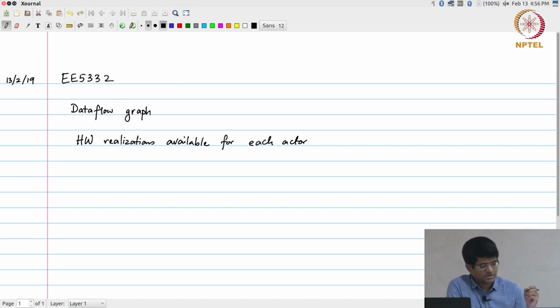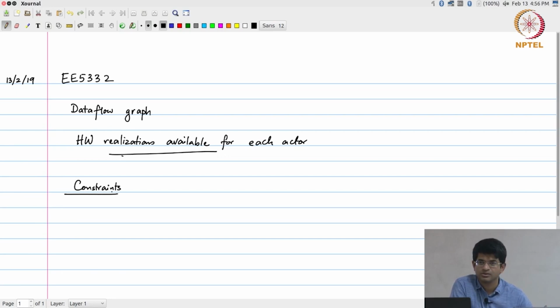Subject to these assumptions, what we are going to do is draw up a set of what we are going to call constraints, and perform some kind of constraint analysis. An example of a constraint is something like this. Let's say that I have two actors, A and B. I don't care whether these are adders, multipliers, FFT blocks, adaptive filters, complete image recognition blocks.